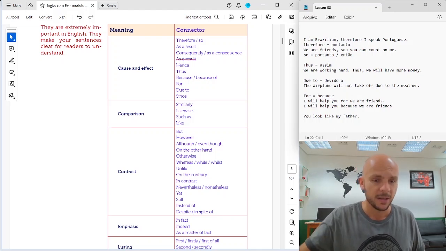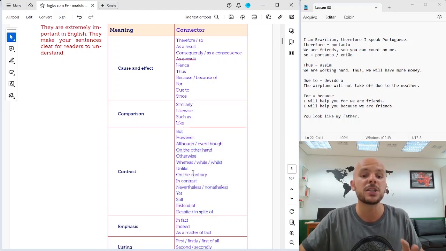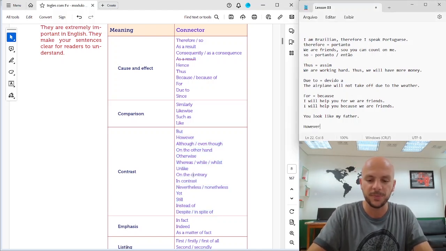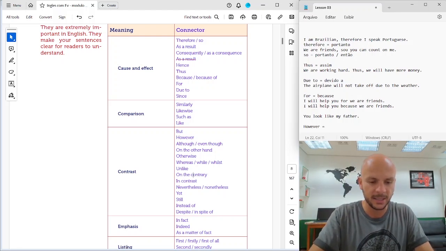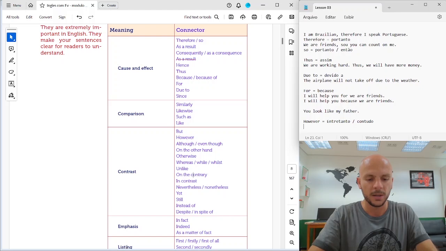Contrast. There are a lot of connectors of contrast here. Let's start slowly. In the text, we saw however. However, I like to translate as entretanto, contudo. I am Brazilian.